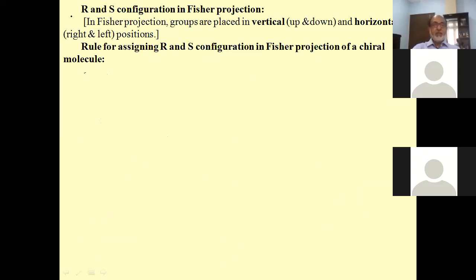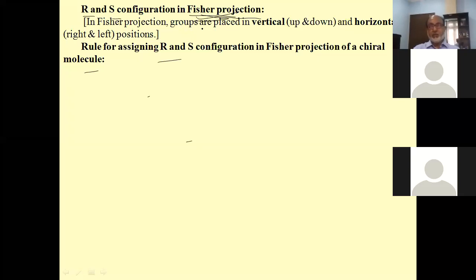This is also important: R and S configuration in Fisher projection, because wedge projection we write normally. In the normal situation, what do we use? We always use Fisher projection. Most of the time we use Fisher projection.